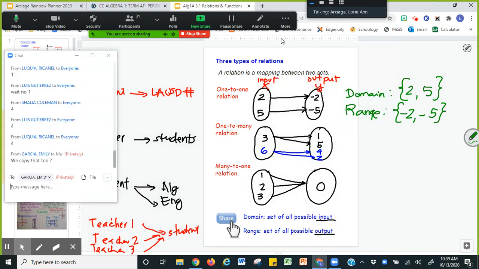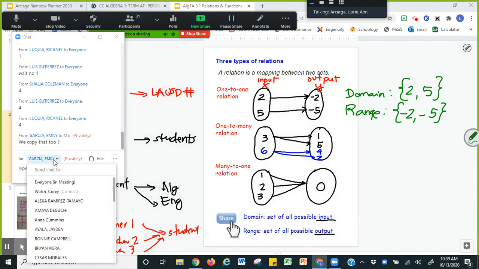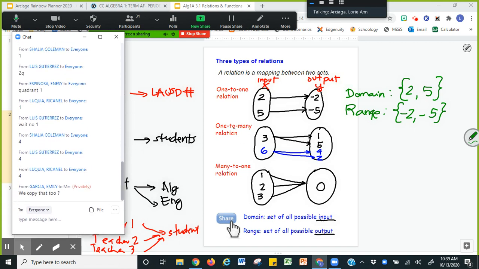So I'm gonna wait for you to try this in the chat, and you can also try that on your notes. So can you give me the domain of these next 2 examples? You can type in the chat or unmute yourself so you can tell me what the numbers are.